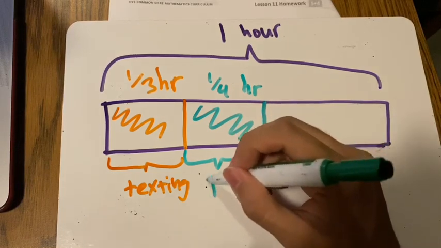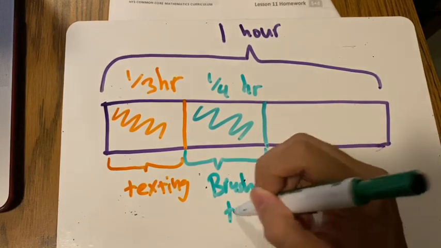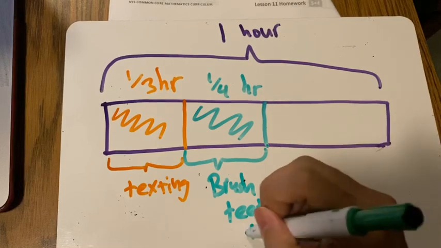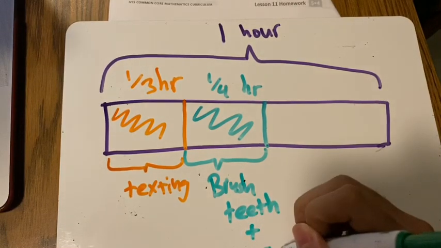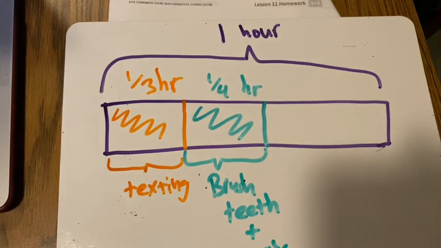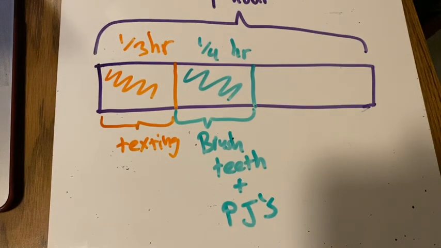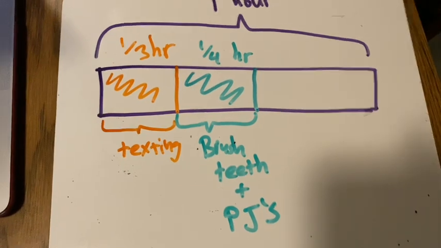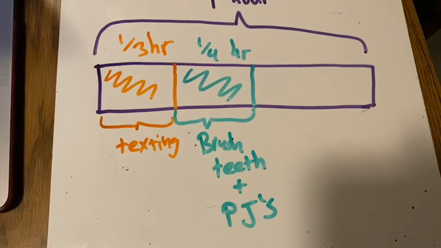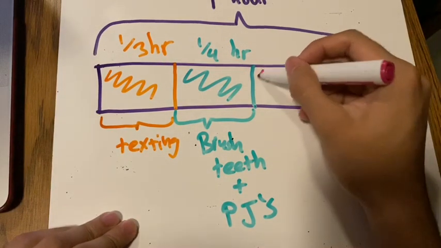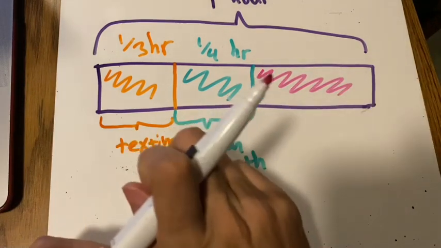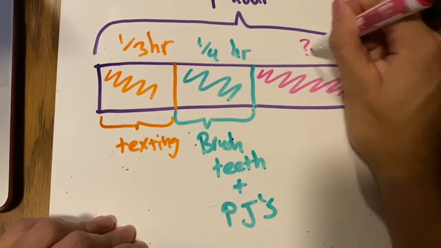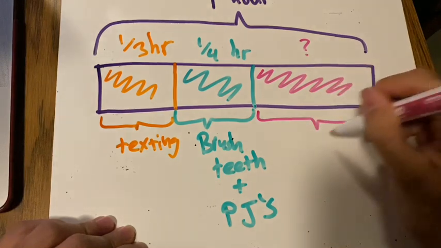I'm going to put brush teeth plus PJs. Not peanut butter and jelly, everybody. Pajamas, PJs. All right. And what I need to solve for, everybody, let me find another marker, a different colored one. All right, here we go. Pink one. I need to find out how much time she spent reading.